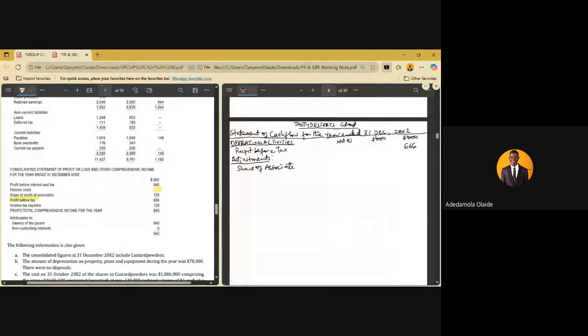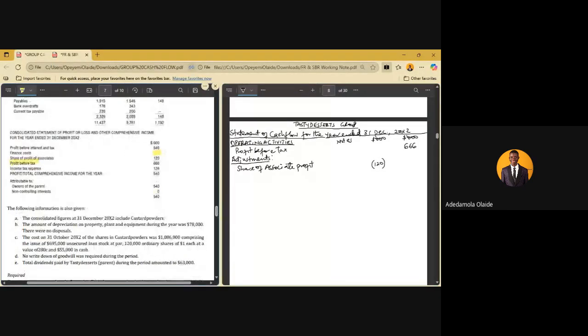Moreover, the share of the profit is not a cash transaction. It is the dividend that will be a cash transaction. But since it was added to get the profit before tax, we'll be deducting it back so as to adjust for it.